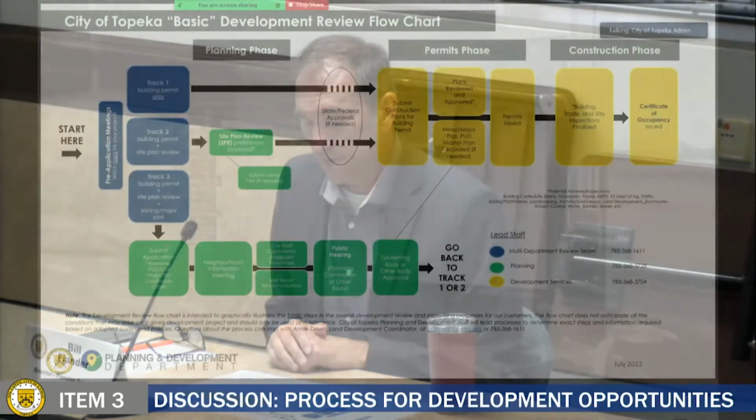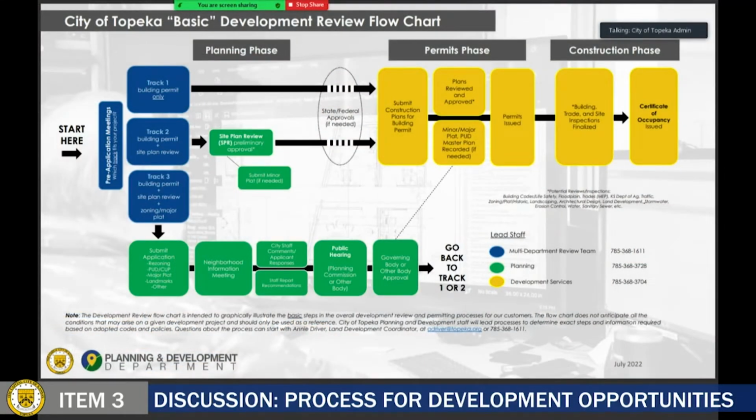So we got the site plan review approved, or conditionally approved, and any comments then can be handled in those yellow boxes. They can submit for the permit. The plans get reviewed and approved. If there's a plat that needs to be recorded, that's the time.